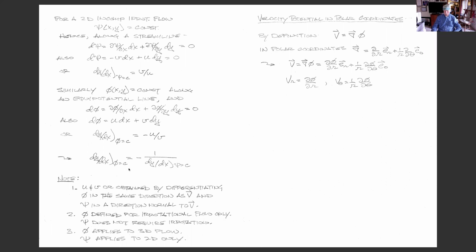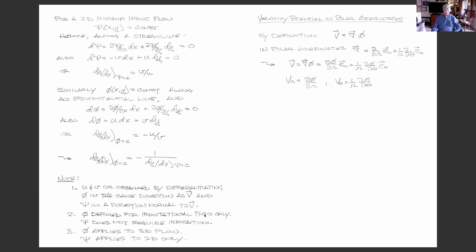To help ingrain this, here is a summary. Note u and v, this should be r, not or, are obtained by differentiating phi in the same direction as v. Psi is obtained, u and v are obtained in a direction normal to v. Again, phi is defined for irrotational flow only.